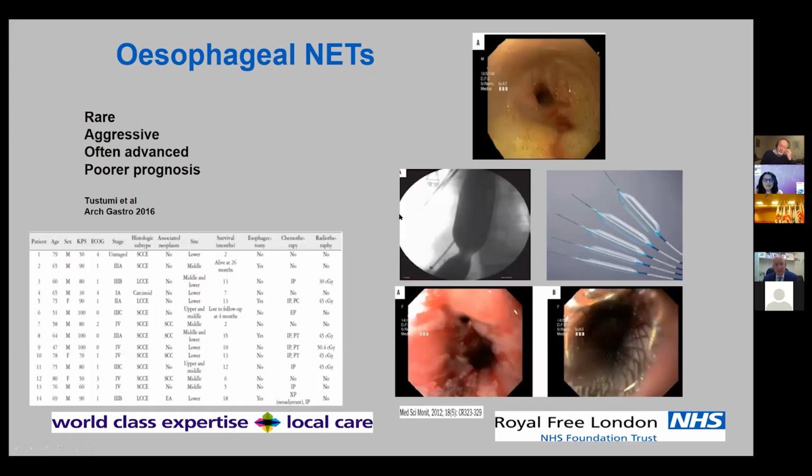Let's start at the top end with the esophageal neuroendocrine tumors. These are rare, and often quite aggressive tumors with a poorer prognosis, often needing radiotherapy or chemotherapy as part of their management, unusually. But patients may present with difficulty in swallowing and having strictures, and you can see at the top a picture of the narrowing there.